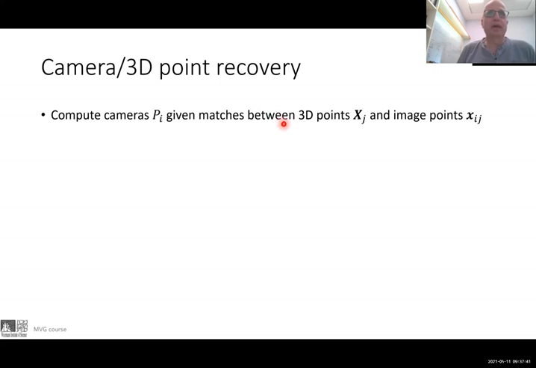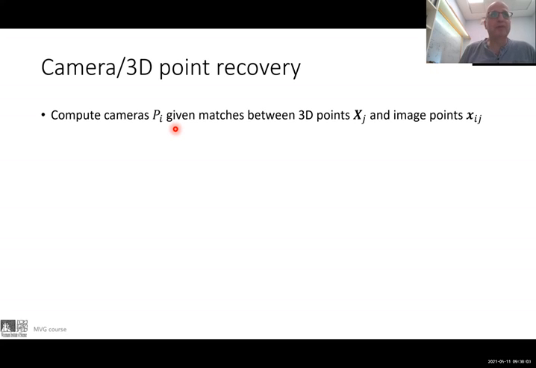Suppose we are given 3D point Xj and image point xij. So we know the scene and we have the projections, and we want to compute the camera Pi. That's the first problem we will look at.